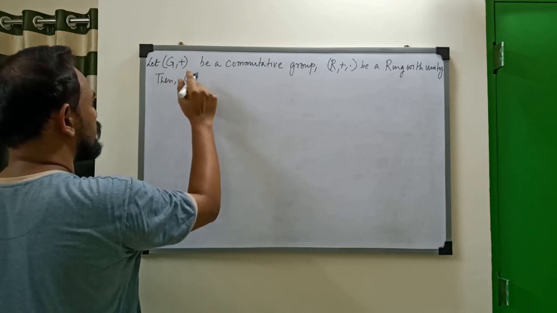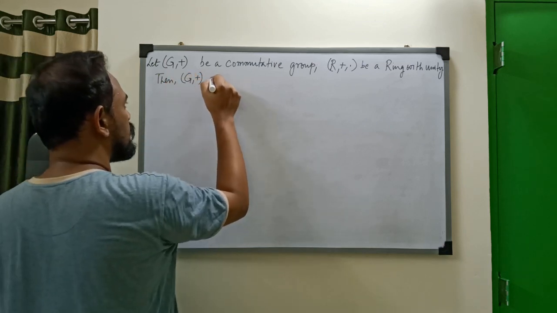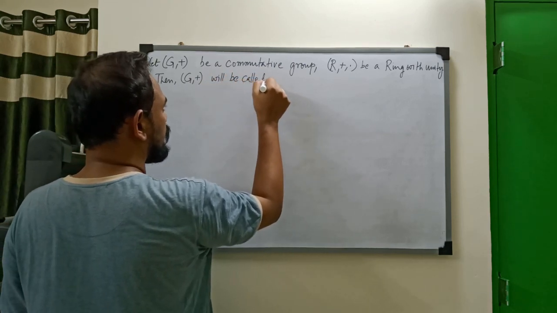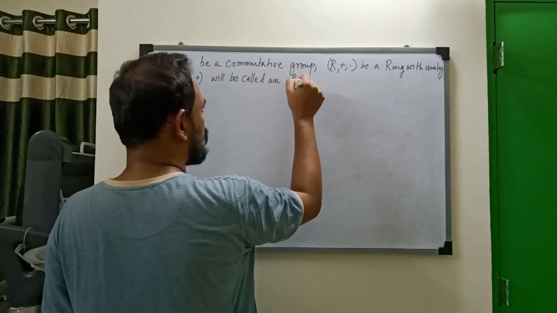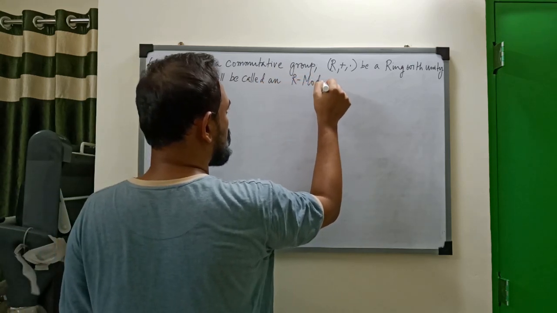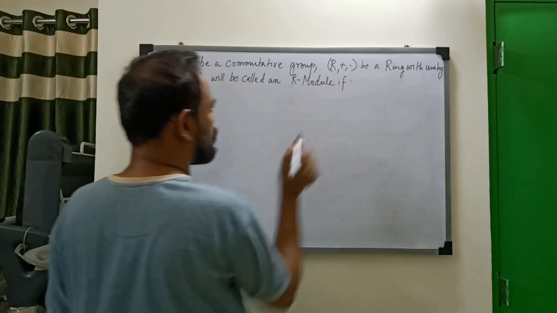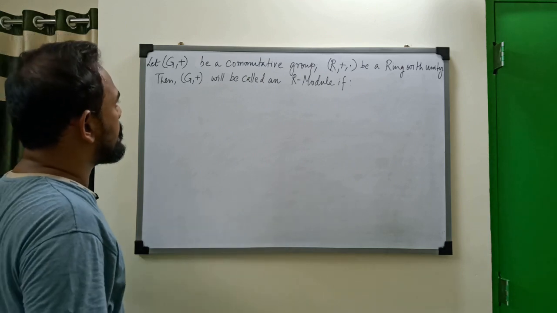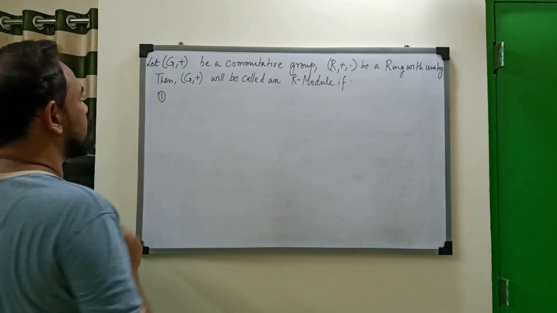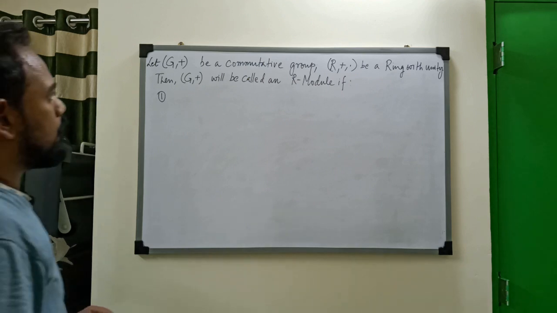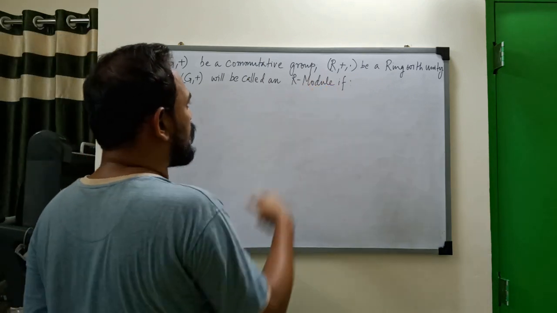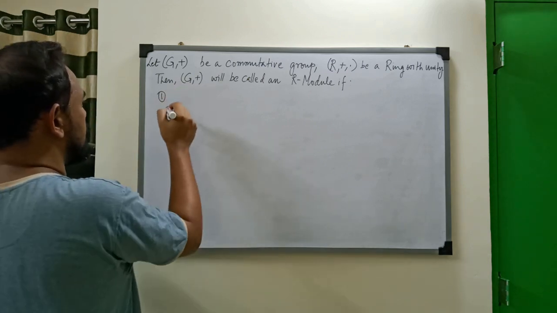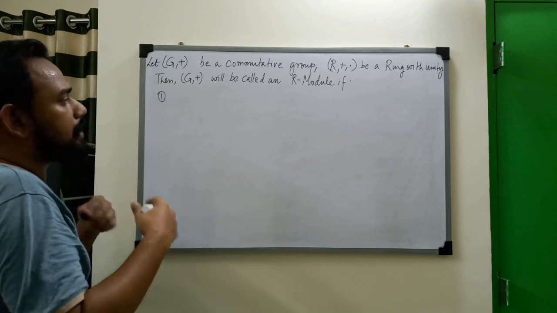G plus will be called an R module if G and R are connected like this. Number one, an element of R should act on an element of G by some kind of an action.